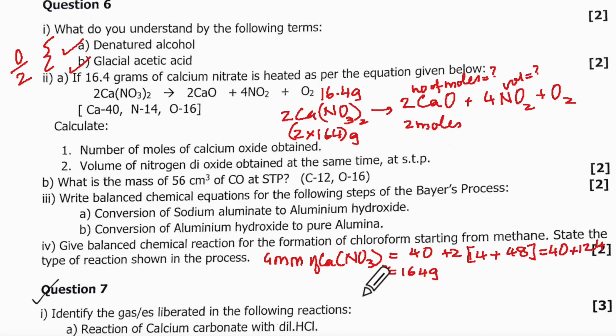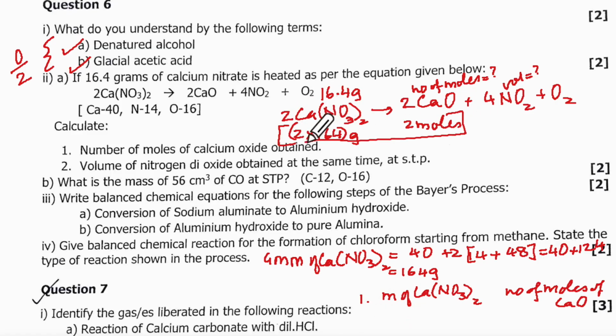Understood? Now for the first step, we will write mass of Ca(NO3)2 and number of moles of CaO. 2 columns will make. Now here can you see from the equation we have this data for both the columns. This will be 2 into 164 gram. Then this is 2 moles.